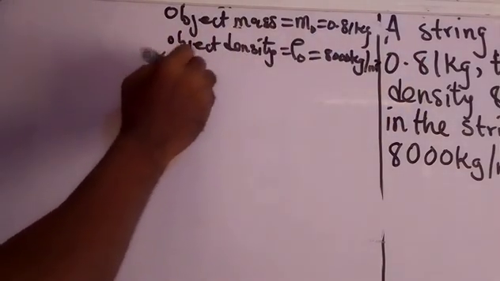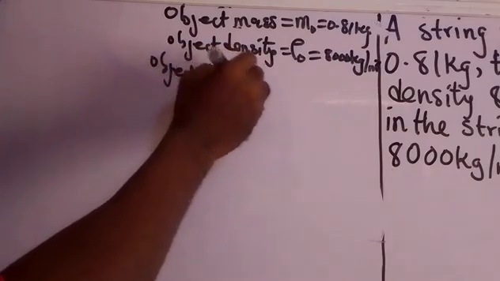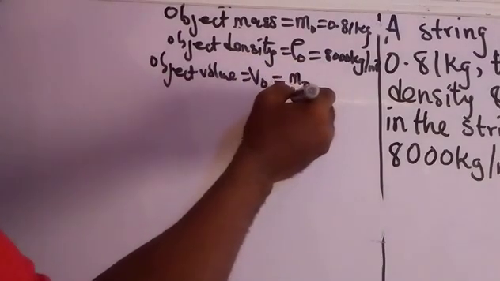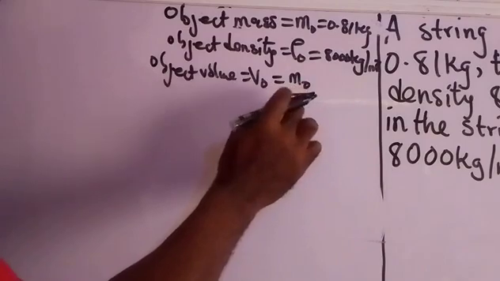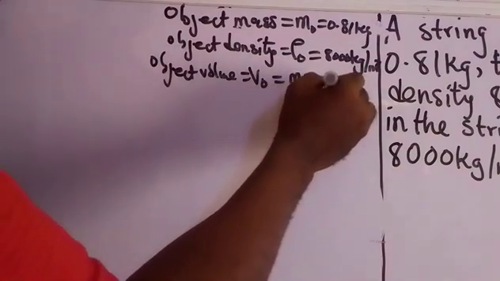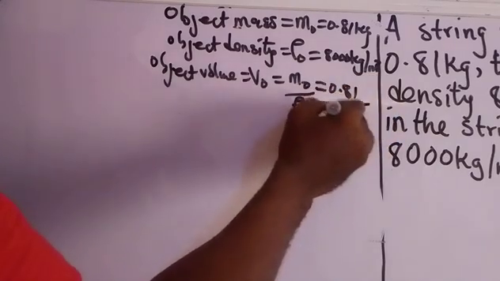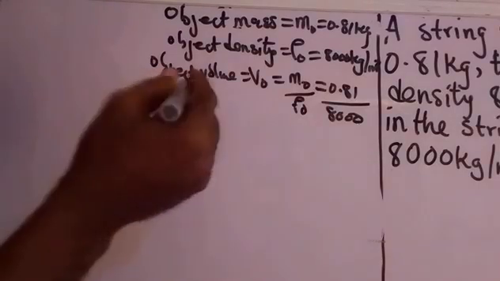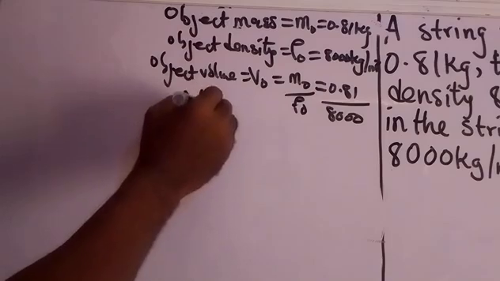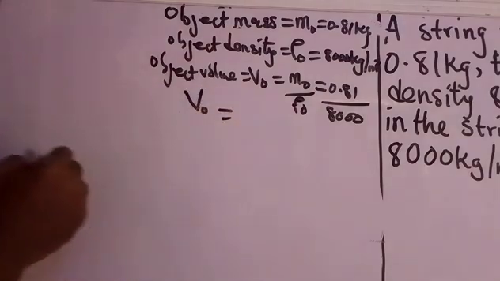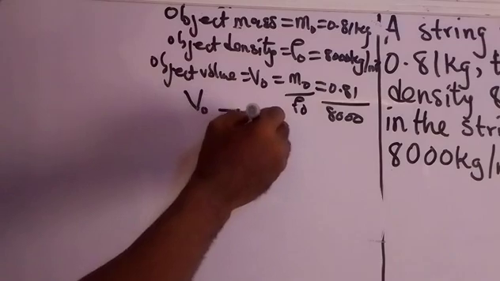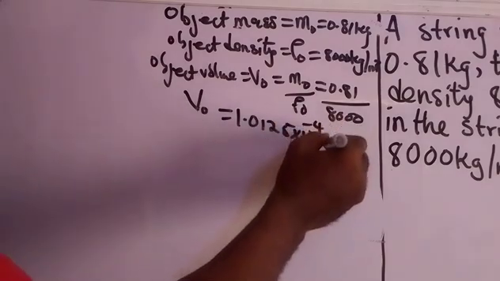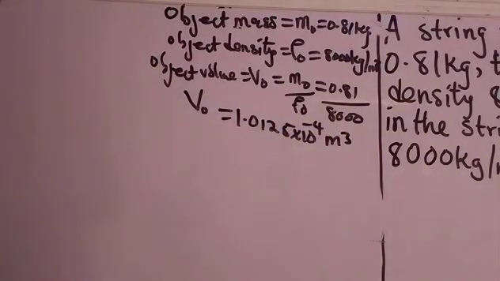Now, object volume is mass over density, which is 0.81 over 8,000, because from the question we are told the density of iron is 8,000, so that's what we're using here. Object volume will be 1.0125 times 10 raised to the power minus 4 meter cube.